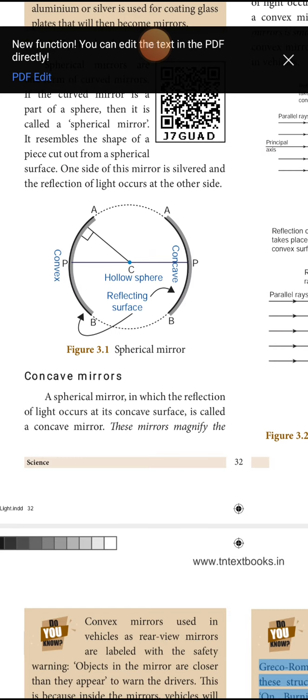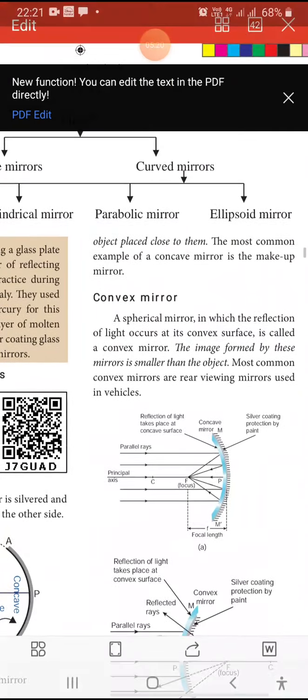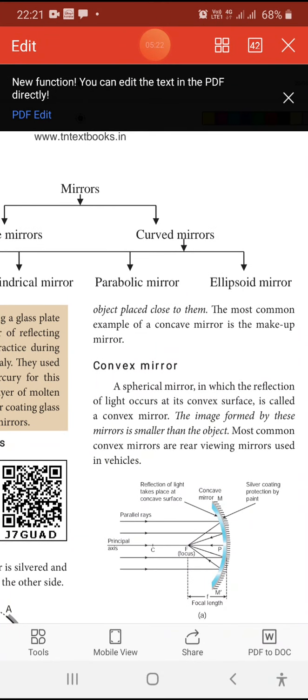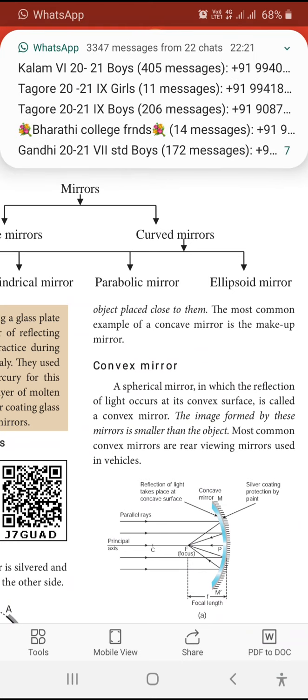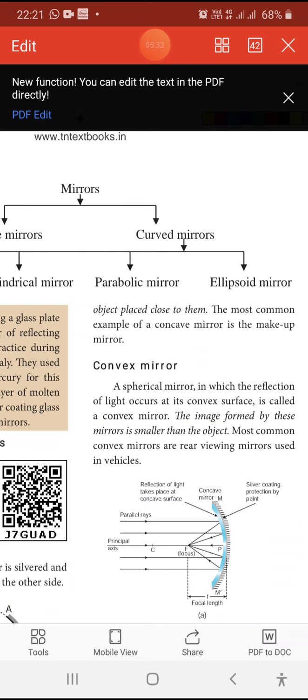In these mirrors, you will get a magnified image of an object placed close to them. The most common example of a concave mirror is the makeup mirror, otherwise the shaving mirror, that will enlarge the part which we are focused on.